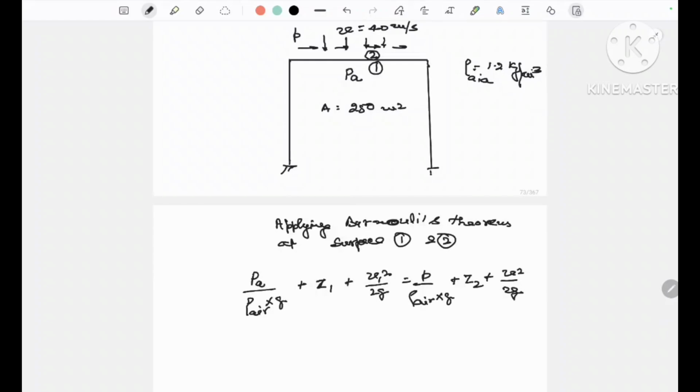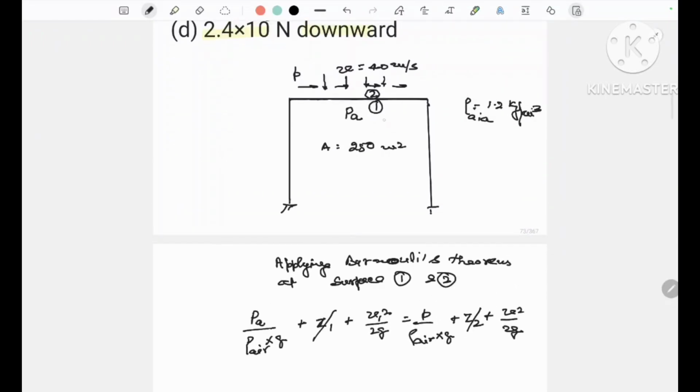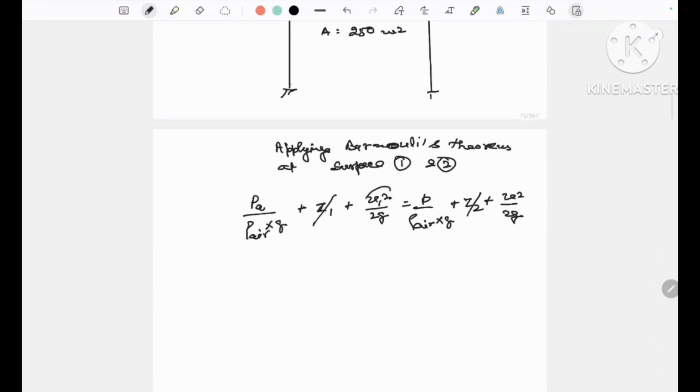Z1 और Z2 क्योंकि नेग्लिजिबल थिकनेस ऑफ द रूफ है, हैंस Z1 और Z2 क्रॉस ईच अदर. V1 इज वेलोसिटी डाउनवर्ड डाउन साइड में, दैट इज 0. तो दिस विल आल्सो बी 0.